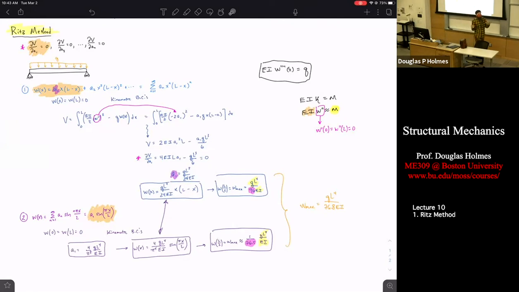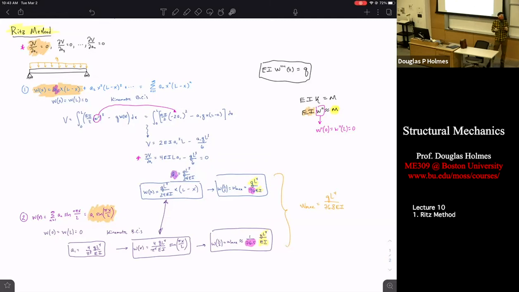I keep separating kinematic and natural boundary conditions. Kinematic are restrictions on displacement. Natural boundary conditions have to do with derivatives of displacements. They usually have to do with forces and moments.